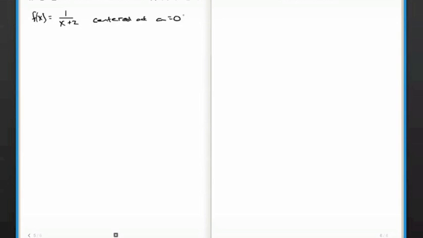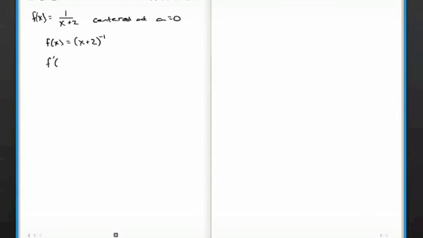All right, so we'll pick a pretty easy case. I'm going to write this as f of x equals x plus 2 raised to the -1 power. That's going to make it easier for me to come up with my derivatives, because that's easier to do with the power rule than the quotient rule.